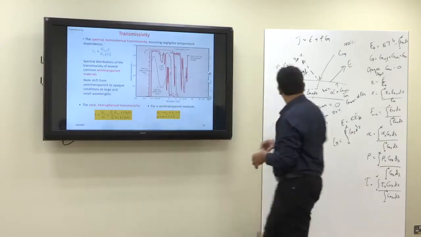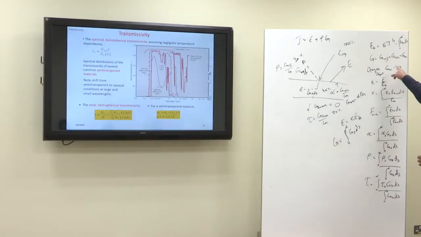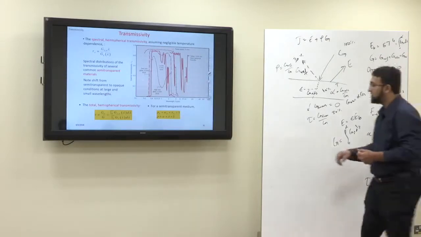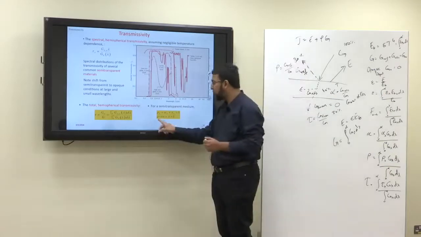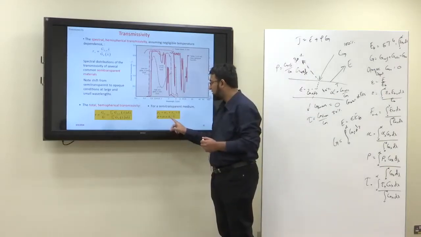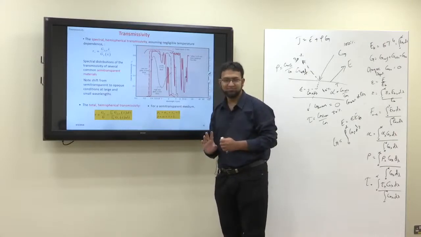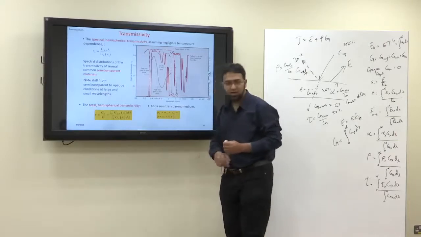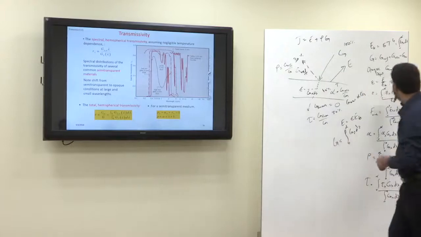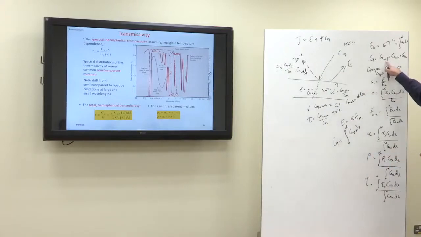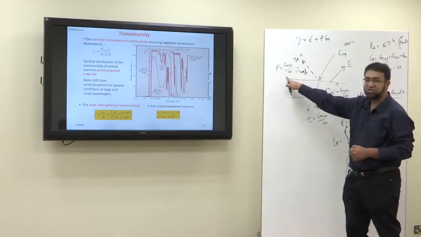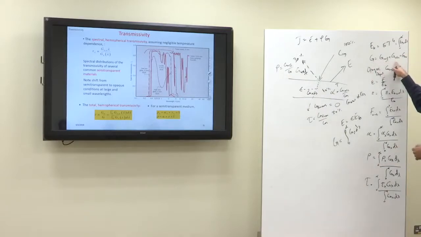You know this equation. This equation is very important. Based on this equation, we can come up to this equation: rho plus alpha plus tau equals 1. How does it come? If I substitute here, G reflectivity is what? Rho G. G absorptivity is what?